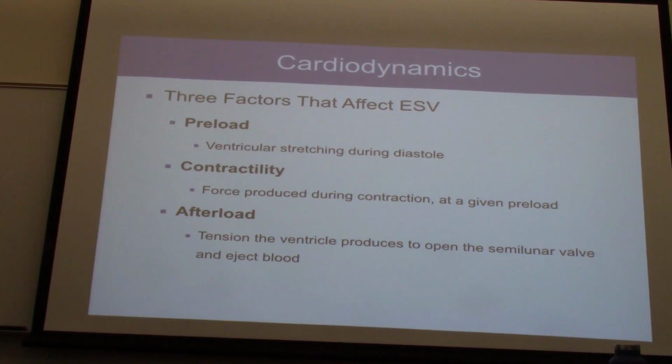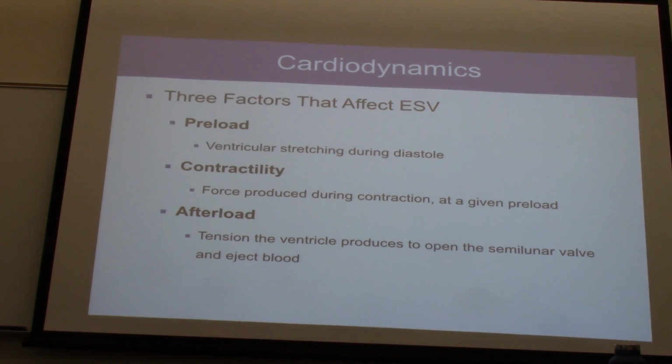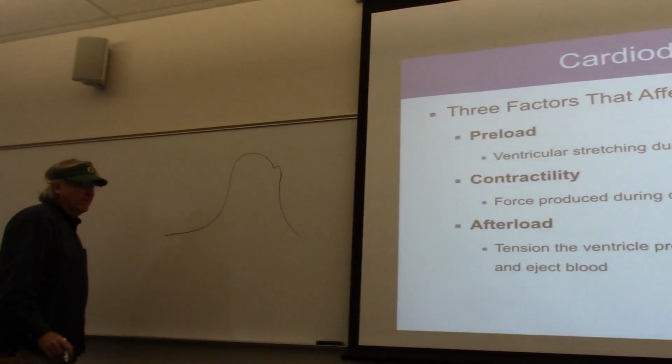Afterload. What is afterload? Well, think about that for a second. I just showed you that graph of the ventricular pressure, and it comes up like this, and then it comes down, valve closes, and it goes on down, right?